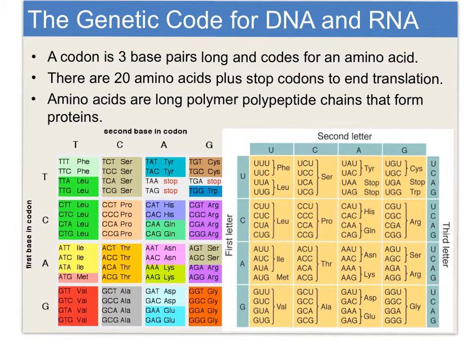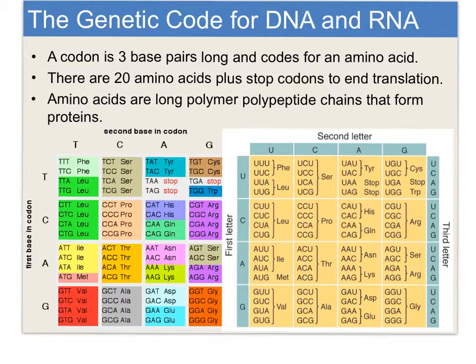Okay, so here's a genetic code. Like I said, there's 20 amino acids. If you look at these letters, like TAT, that codes for tyrosine, which is an amino acid. You need 3 letters to code for a certain amino acid. A codon is always 3 letters.